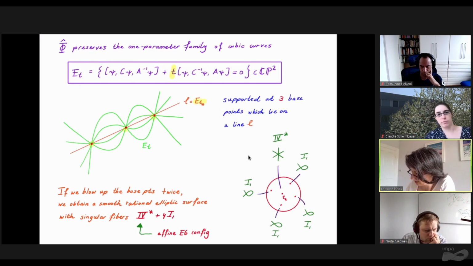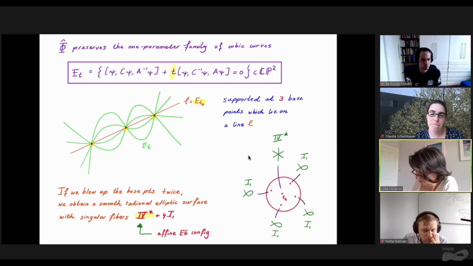So now we can blow up these base points twice to get a smooth rational elliptic surface, and it then turns out that this has 5 singular fibers, one fiber of Kodaira type IV star, which corresponds to this line L, and then in general there are 4 more simple fibers of Kodaira type I1.